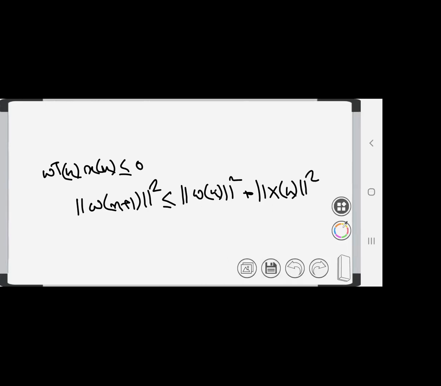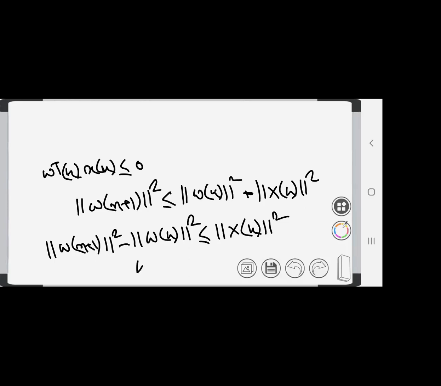Or this can be equivalently written as mod of W n plus 1 square minus mod of W k square is less than or equal to mod of x k square, where k is equal to 1 to n.